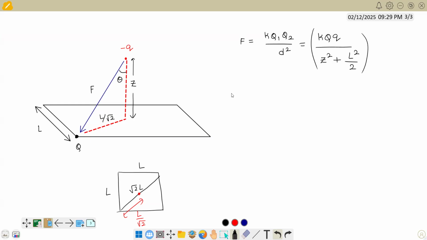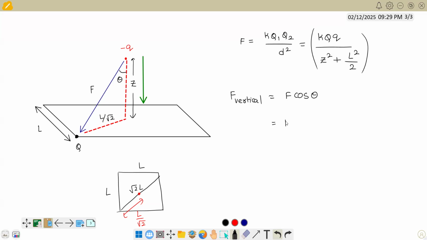Now if I want net force, I resolve this force into two components. What will be the vertical component? There will be one horizontal component also. These horizontal components we have seen eventually would cancel each other, and only the vertical component would remain. So F vertical component would be simply the force into cos theta. We can clearly see the cos theta. Let me call this distance d for now.